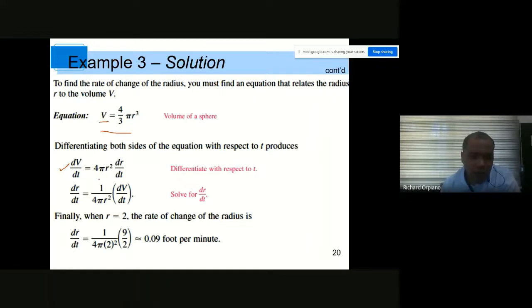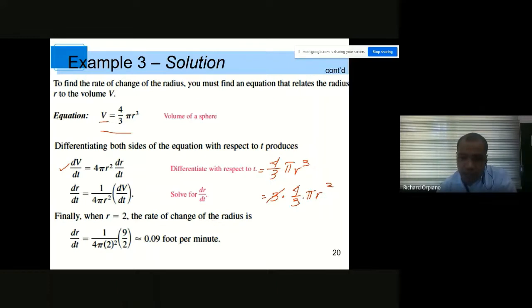Why did the 3 disappear? What happened? Take the derivative. So this will be 3 times 4 over 3, the 3 cancels, pi stays, r squared.